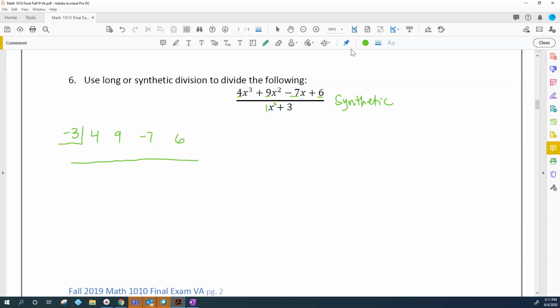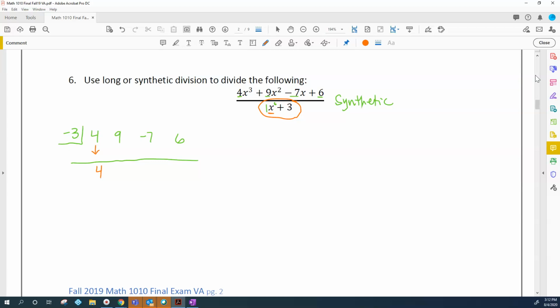Right? And then remember, this is the way we solve this. The first thing that we do is we bring down that first number. So just bring down 4. Then multiply. What is that 3 for again? Where'd that 3 come from? You look on the denominator, and you're thinking, what x value would make the bottom 0?